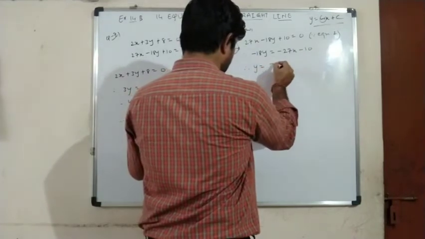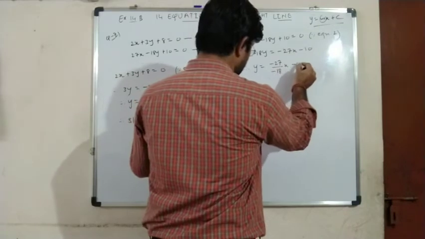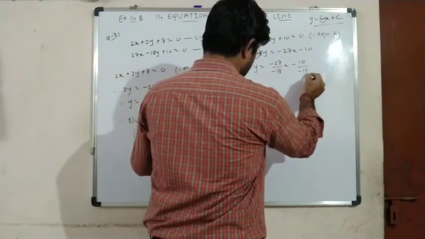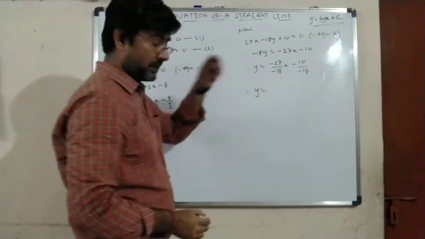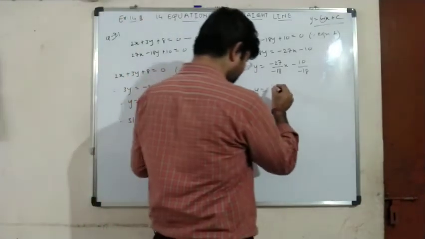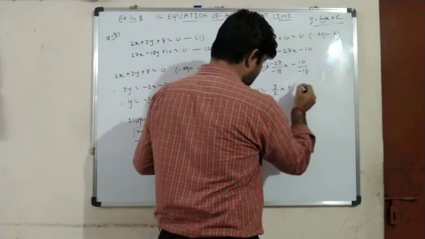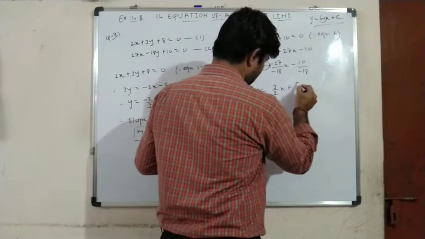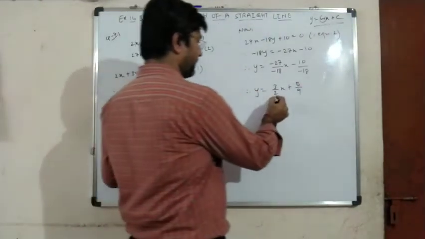Therefore y is equal to minus 27 upon minus 18 into x minus 10 upon minus 18. Therefore y is equal to 3 upon 2 x plus 5 upon 9. Clear? Let us find out the slope m2.